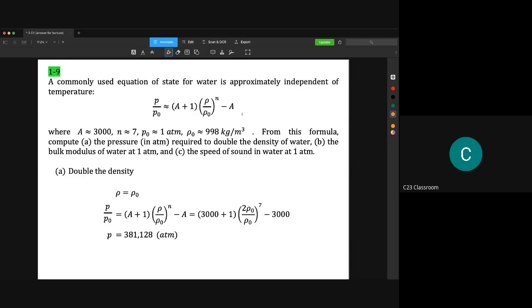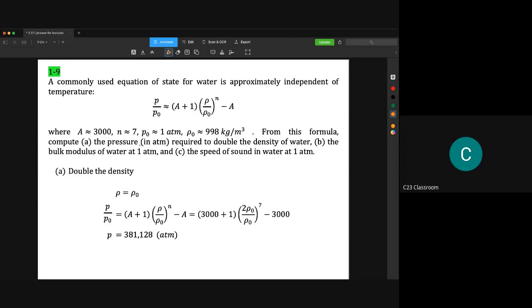So in this equation, it's given for water that A is equal to 3000 and n is almost 7, and P naught, the standard one, is 1 atm, and the density for water for the standard one is 998 kilograms per meter cubed.